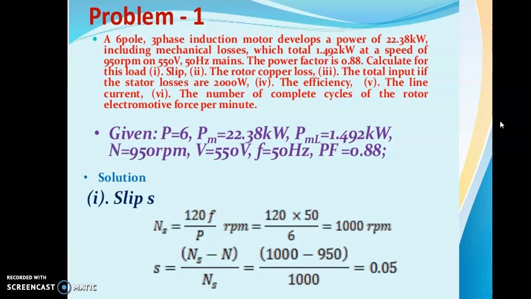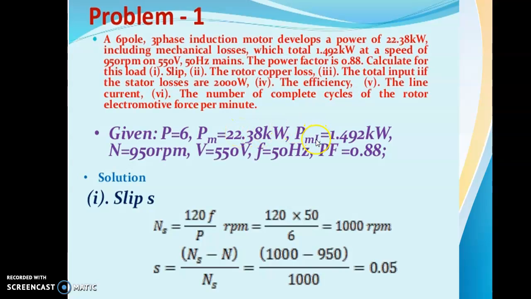So listen students, we will first write all the given data. A 6-pole motor, so the number of poles P is 6. The motor develops a power of 22.38 kilowatt, so the developed power in the motor will be the rotor output, that is PM, 22.38 kilowatt.